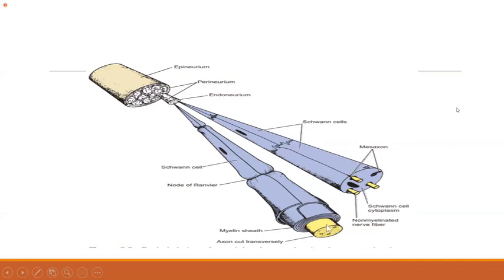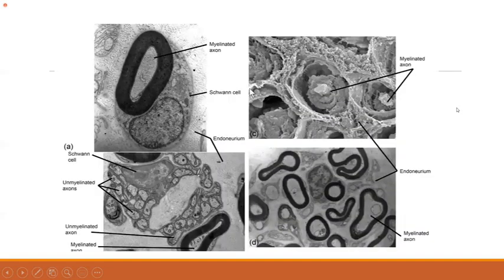If we see a myelinated axon, a single Schwann cell covers a portion of the myelinated axon and forms the myelin sheath. While in unmyelinated fibers, a single Schwann cell covers multiple unmyelinated axons. We can see here a single myelinated axon and a Schwann cell that has formed a myelin sheath around it, while in unmyelinated axons, a single Schwann cell is supporting many unmyelinated nerve fibers, seen microscopically here.